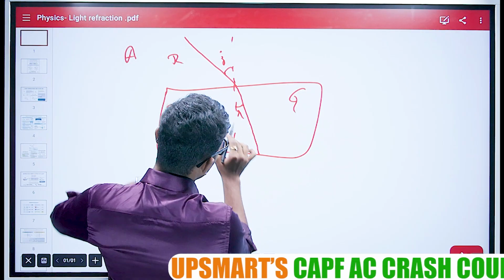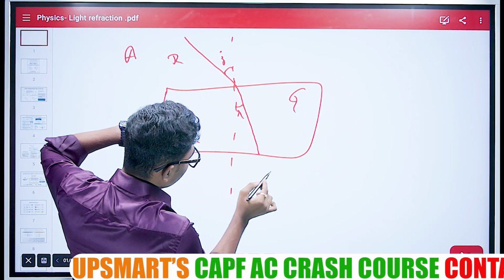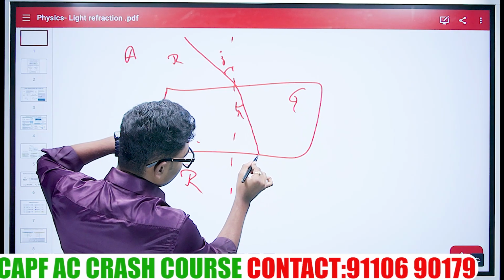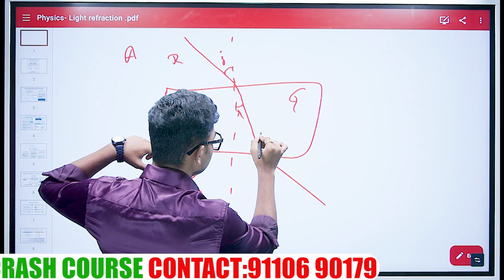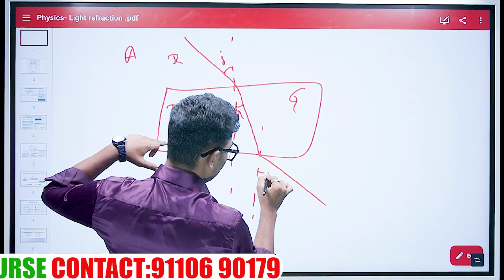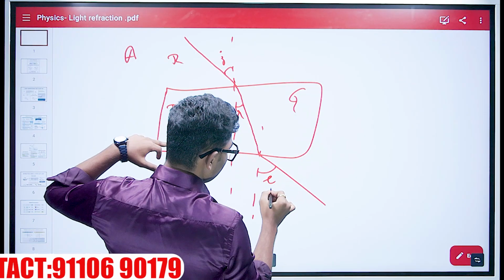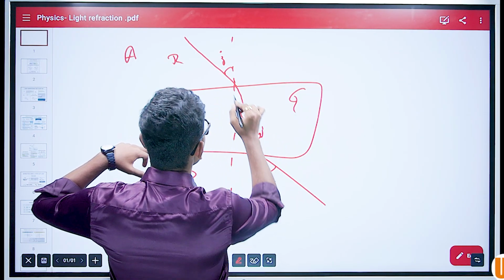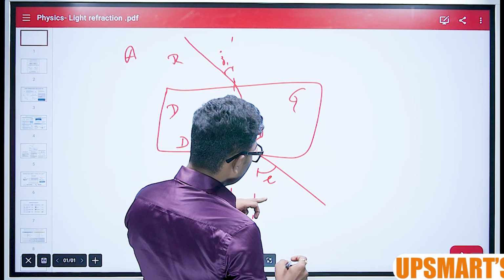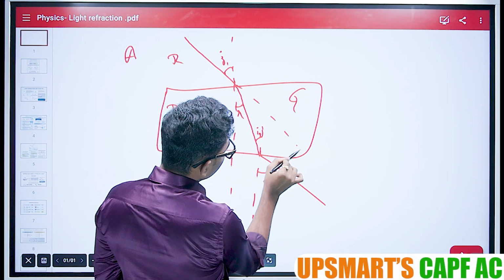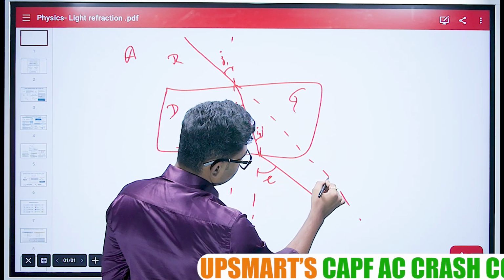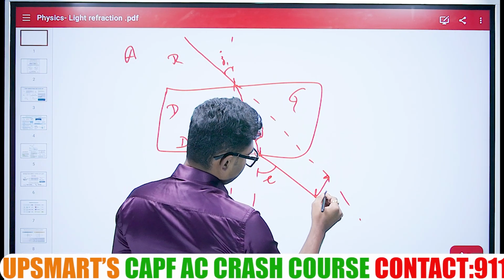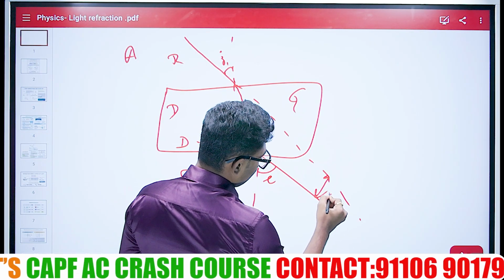Then again, this is denser medium, denser to rarer again. It follows like this. Here there is also a normal. This is the emergent ray and this is the incident ray, I1, I2, emergent ray. So it might have followed this path initially, but there is some lateral displacement.